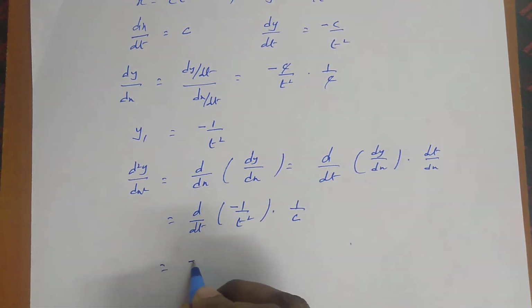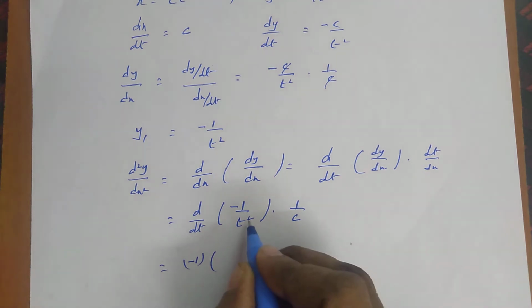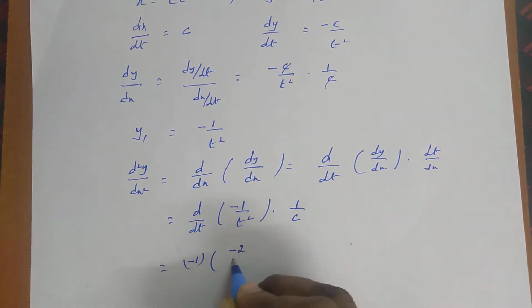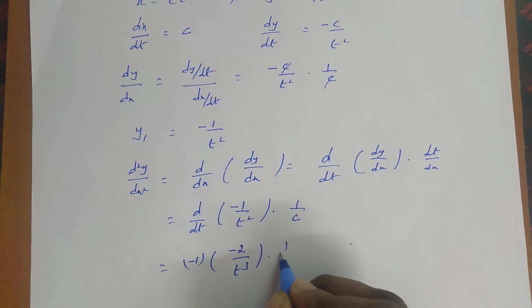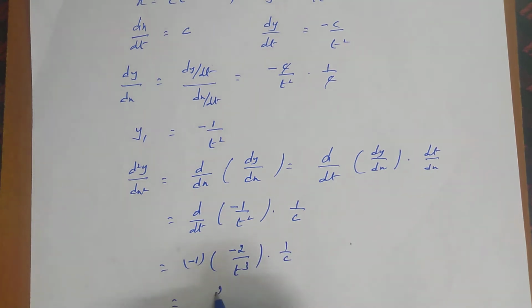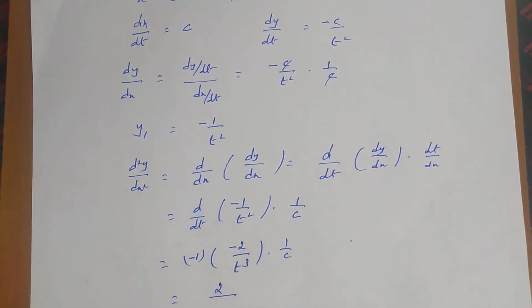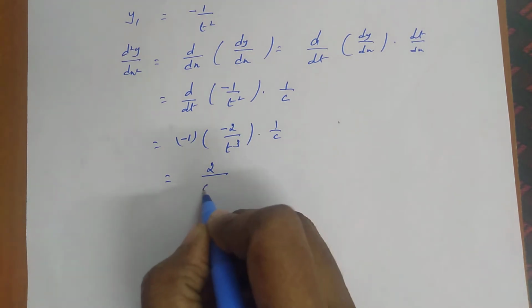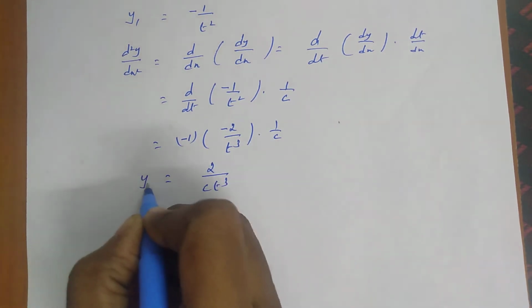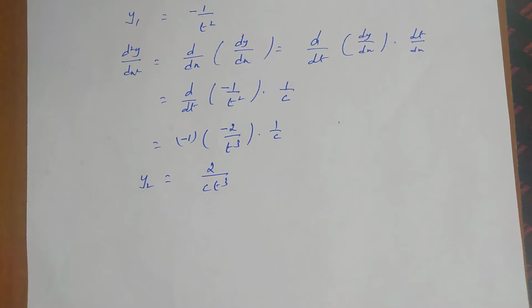So already one minus is there, so you can keep it outside. Differentiation of 1 by t square is minus 2 by t cube into 1 by c. So that is equal to 2 by ct cube. So our y2 equal to 2 by ct cube.